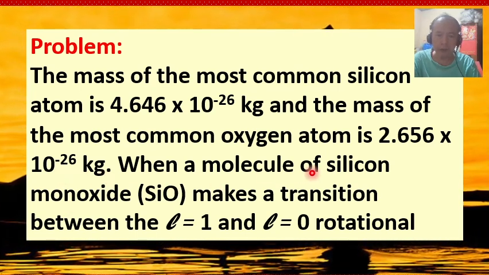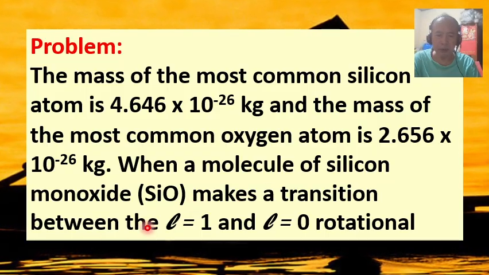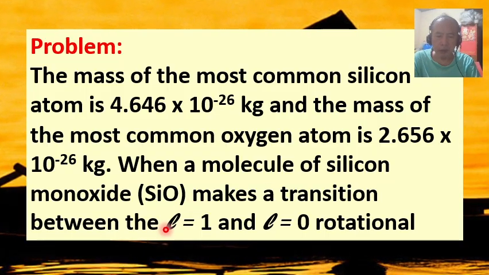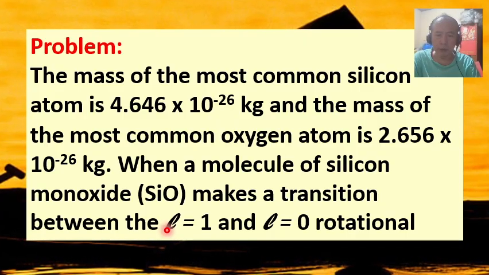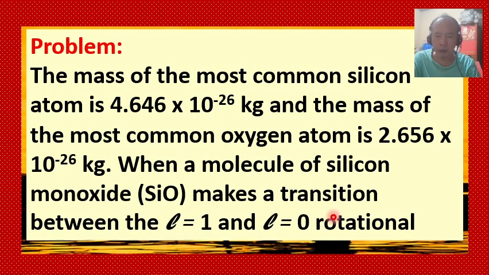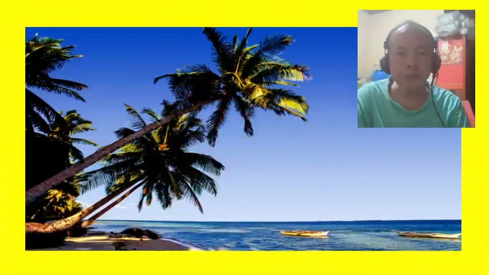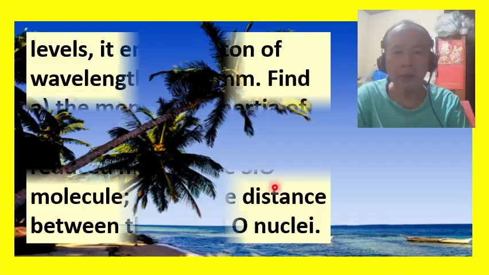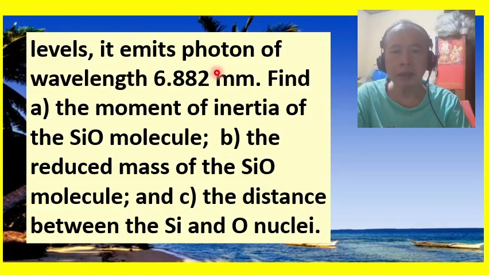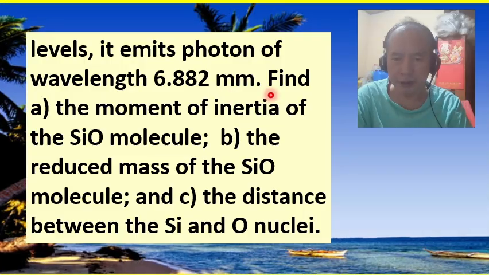When a molecule of silicon monoxide makes a transition between the angular quantum number L equals 1 and L equals 0 rotational levels, it emits a photon of wavelength 6.882 millimeters.